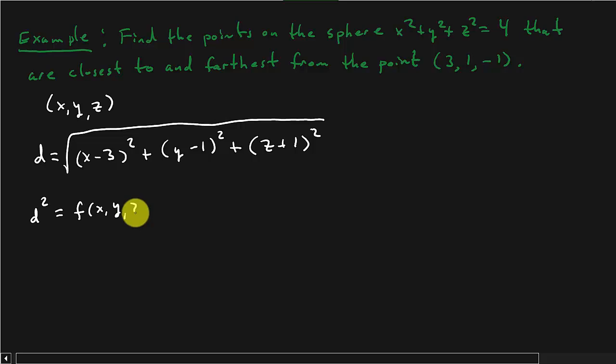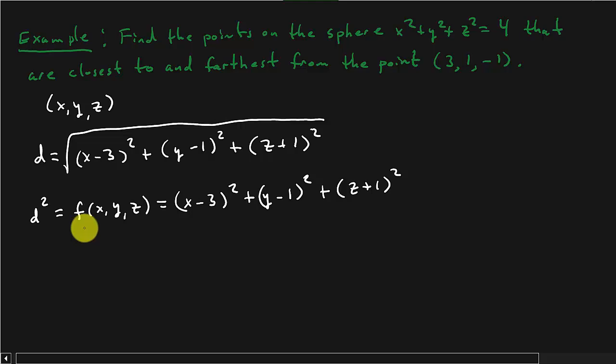That's our f of x, y, z, which is equal to x minus 3 squared plus y minus 1 squared plus z plus 1 squared. And we have g of x, y, z is equal to x squared plus y squared plus z squared, which equals 4.